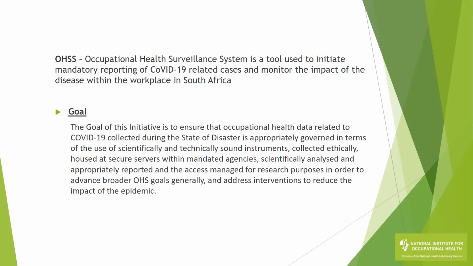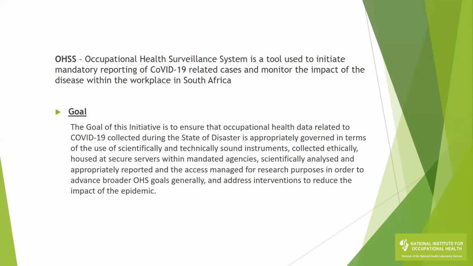OHSS is the Occupational Health Surveillance System, a tool used to initiate mandatory reporting of COVID-19 related cases and monitor the impact of the disease within the workplace in South Africa.